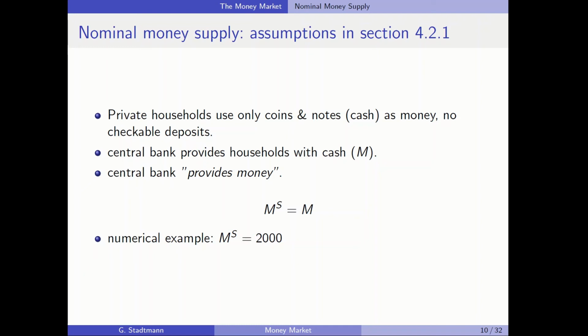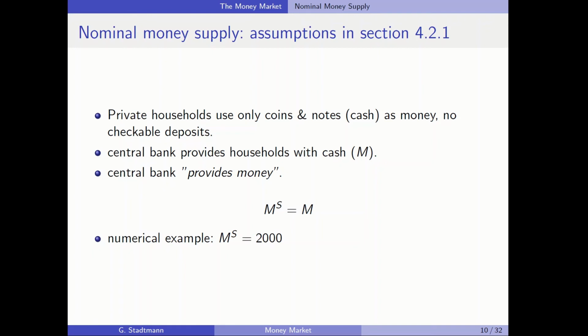Therefore, the commercial banking sector does not play a role in this part. The central bank provides households with cash. So the central bank provides money. The money supply is equal to the cash provided by the central bank. In our numerical example, we will assume that money supply is equal to 2,000.